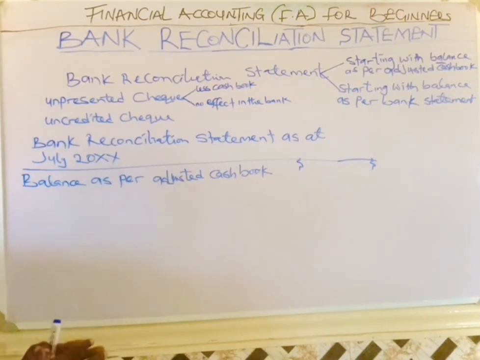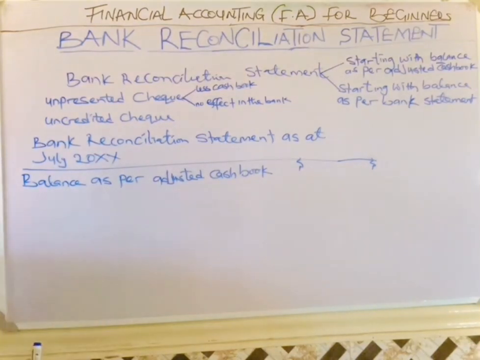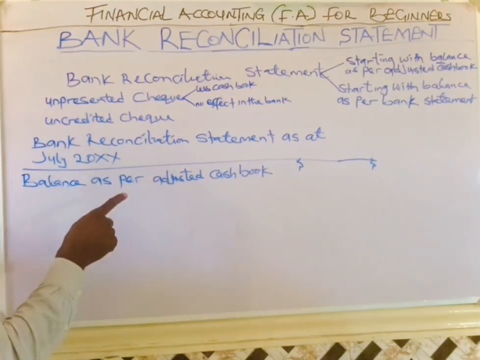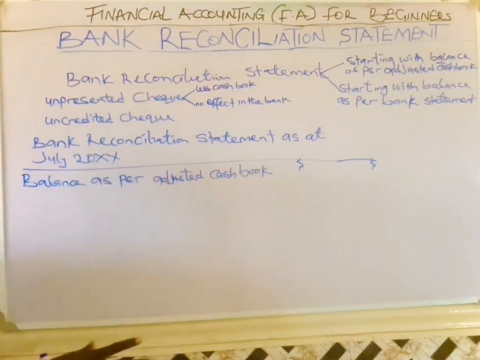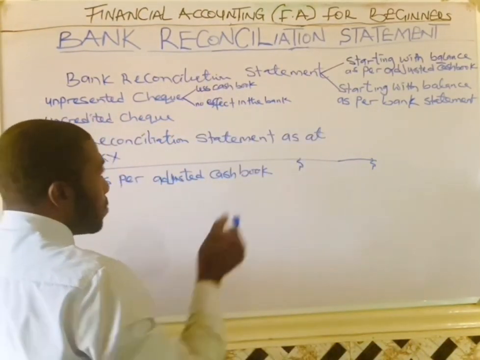The relationship is positive: if an item reduces our bank balance, it will as well reduce our cash book balance, and if it reduces our cash book balance, it will go to the bank and reduce the bank balance. Simple as that.